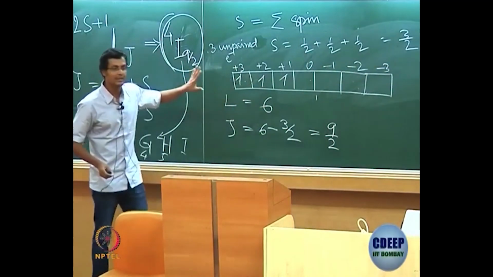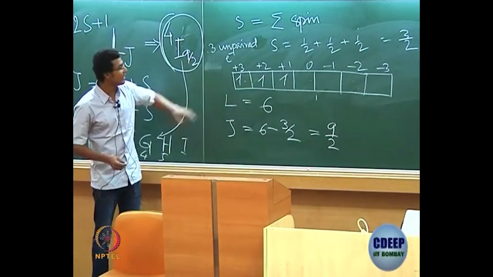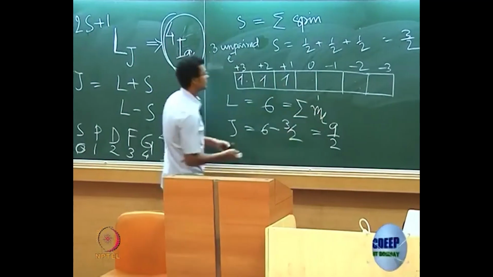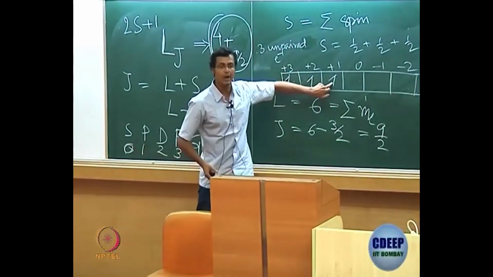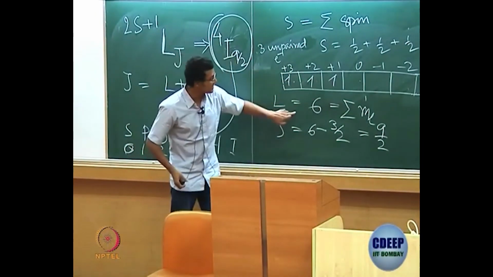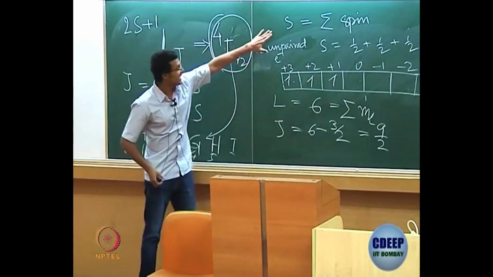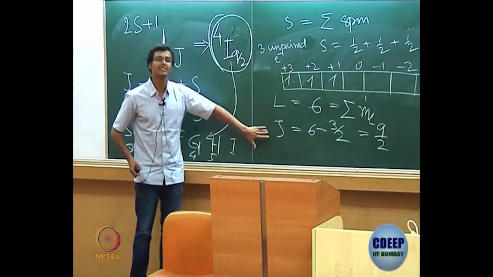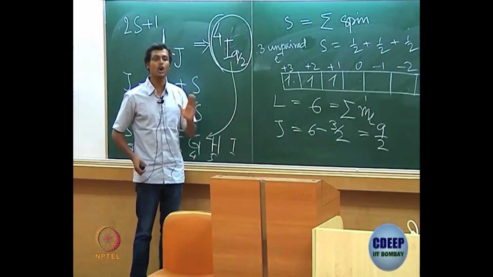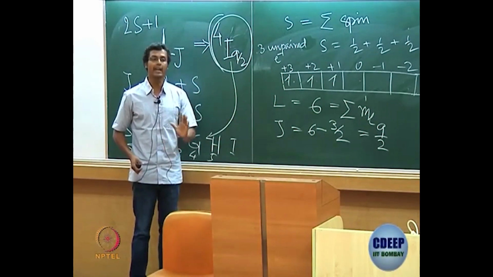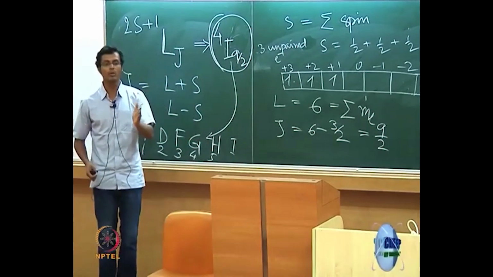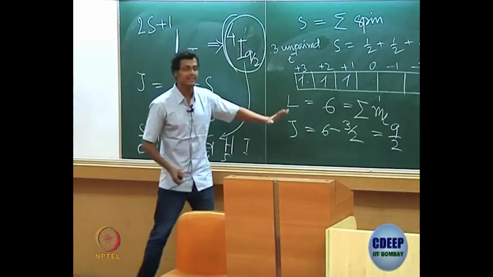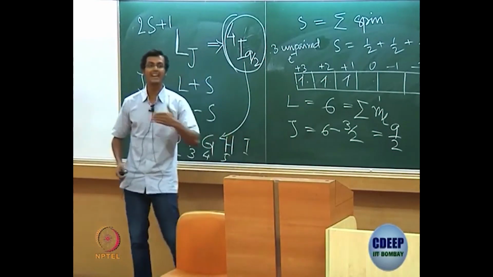You have to calculate the L value. L equals the summation of ml, 3 plus 2 plus 1, so that is going to be 6. S you know, L you know. J equals L plus S or L minus S. L plus S when it is more than half-filled, more than f7, and L minus S when it is less than half-filled.